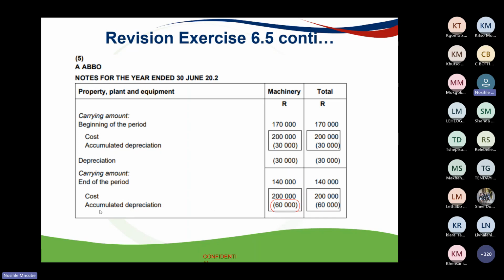And then we have the accumulated depreciation of 60. We take the accumulated depreciation at the beginning of the year and add the depreciation for the current period to give us the 60. That is how we end up with the 140, because our machinery's carrying value is now 140.